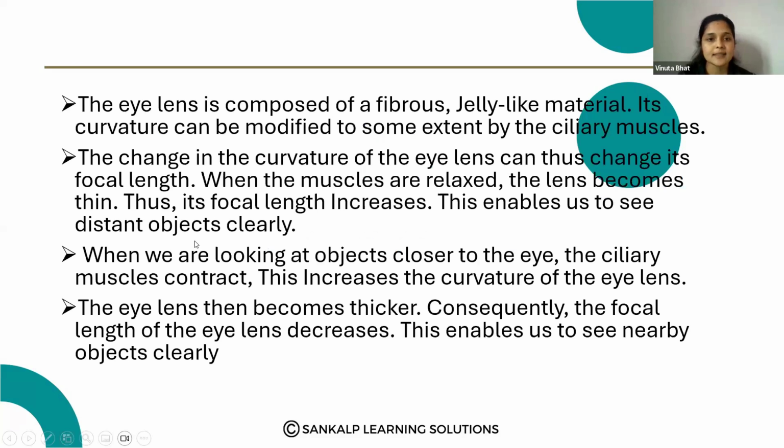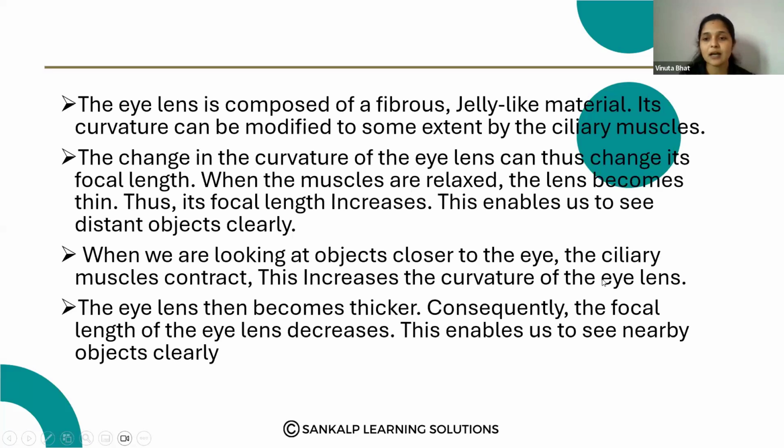The eye lens is composed of fibrous jelly-like material. Its curvature can be modified to some extent by the ciliary muscles. The change in the curvature of the eye lens can thus change its focal length. When the muscles are relaxed, the lens becomes thin. Thus, its focal length increases. This enables us to see distant objects. When we are looking at objects closer to the eye, the ciliary muscles contract.